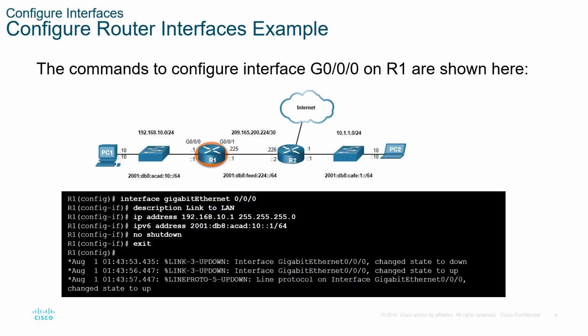Now do understand, if you have multiple interfaces to configure on your device, you don't have to hit exit. You can just type in interface gigabit 0/0/1 and be into the next interface. There's no need to go all the way back out to come back in the same mode. Now the scrolling that you see here, this is your device talking to you.